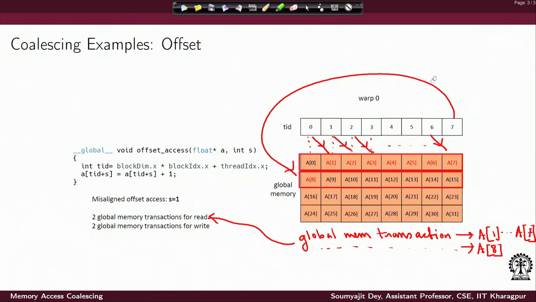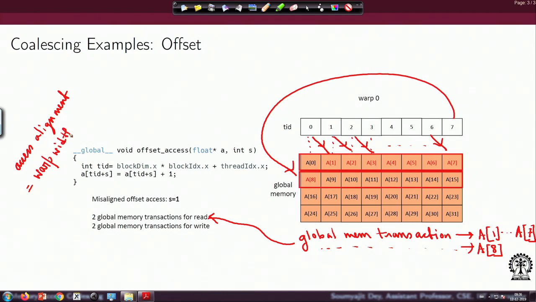If the warp's width in this case is 8, the access will be aligned at the positions defined by it, so the first row can be done through a global memory transaction.